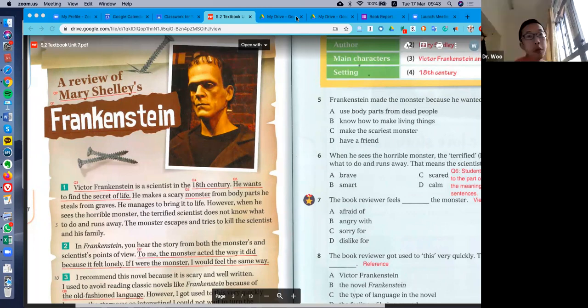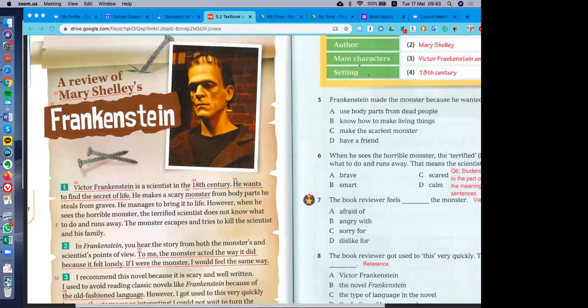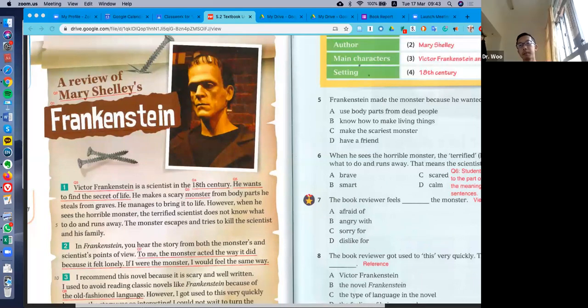Why do you think the person in the picture is Frankenstein? And then we'll move on. I didn't think it was Frankenstein, is it? Okay. Sure.